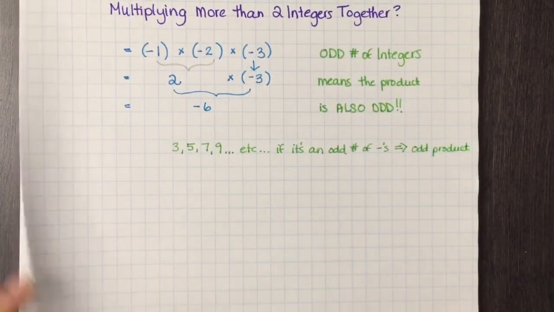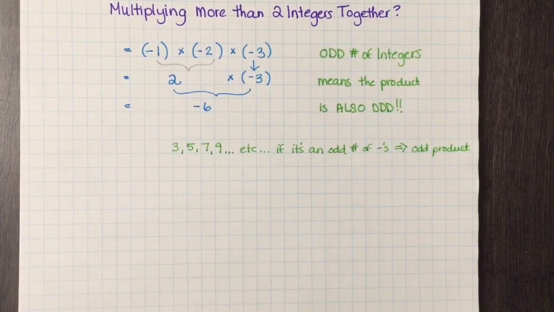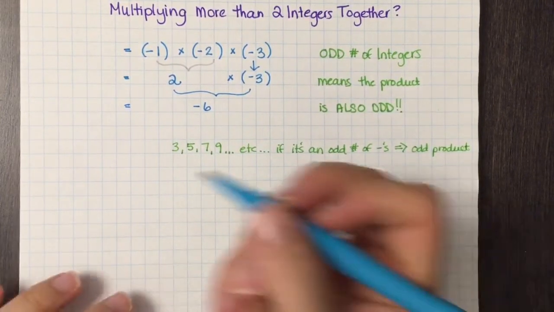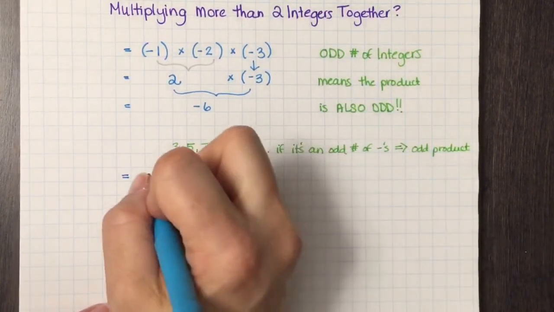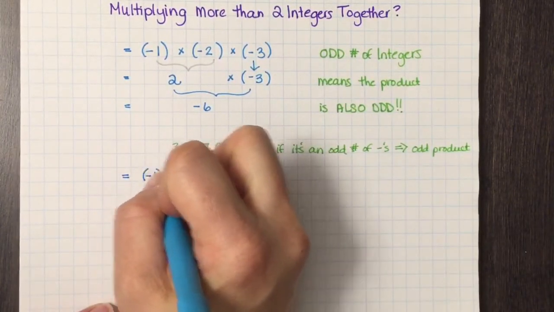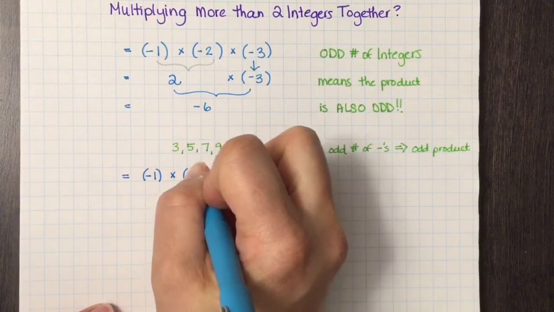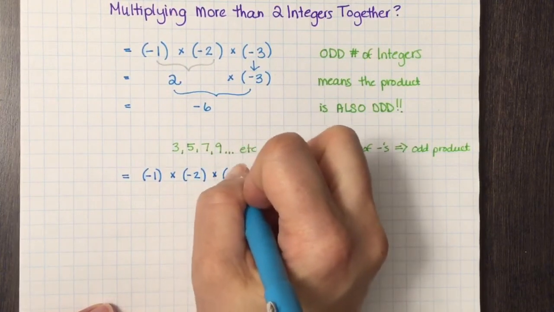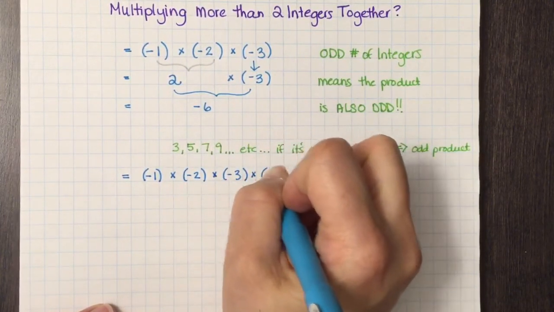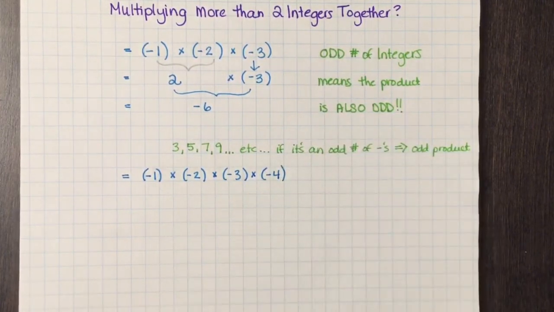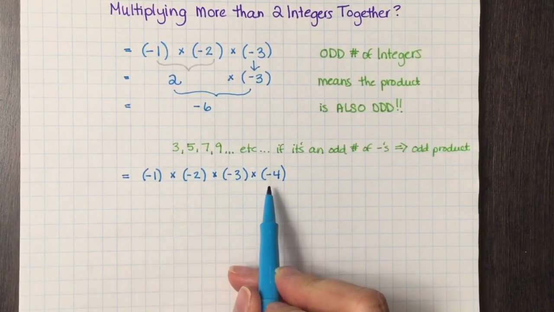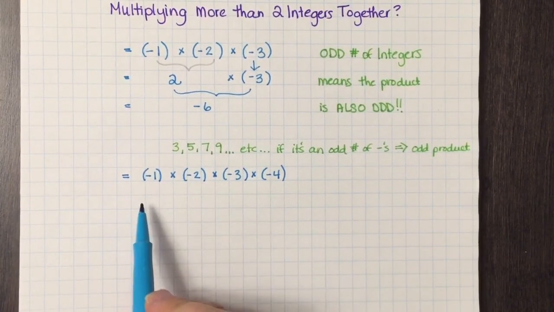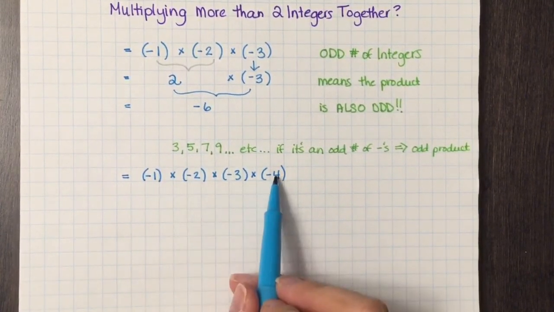Okay, let's do a couple examples. Vice versa. Let's change this. What happens if we had, we'll just expand this, -1 times -2 times -3 times -4. Now how many integers do we have? We have 4 integers and they're all negative, so we have 4 negative integers.